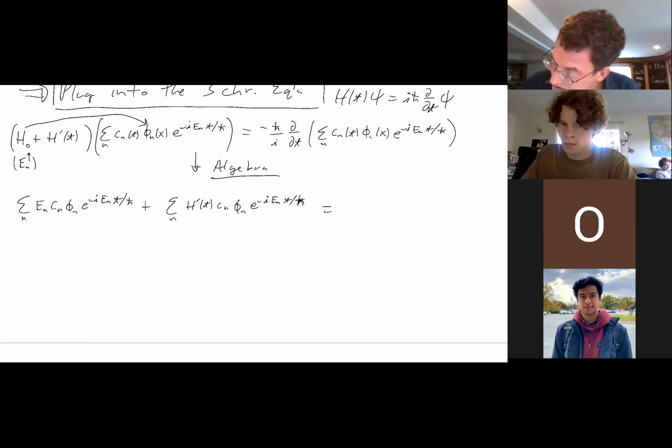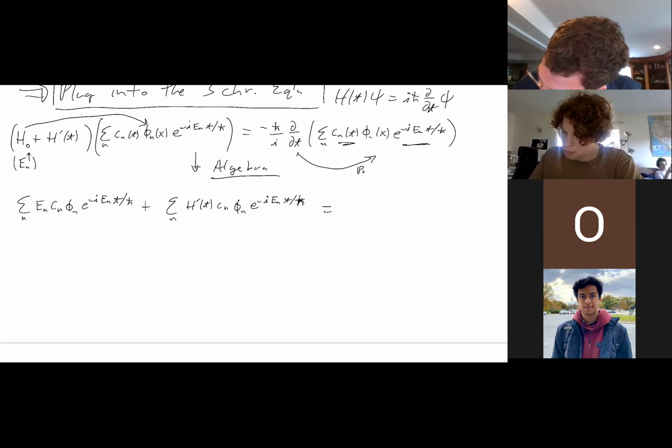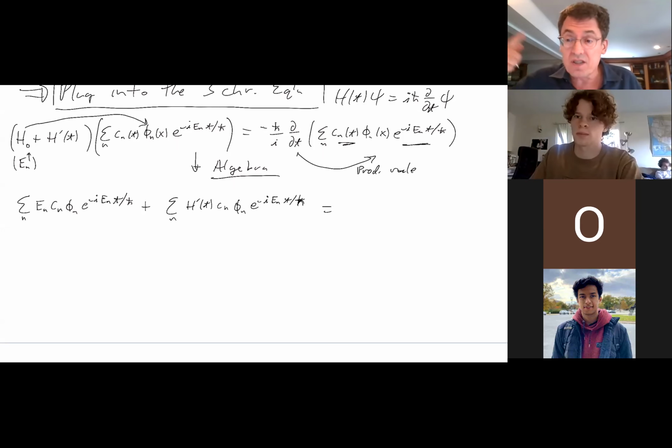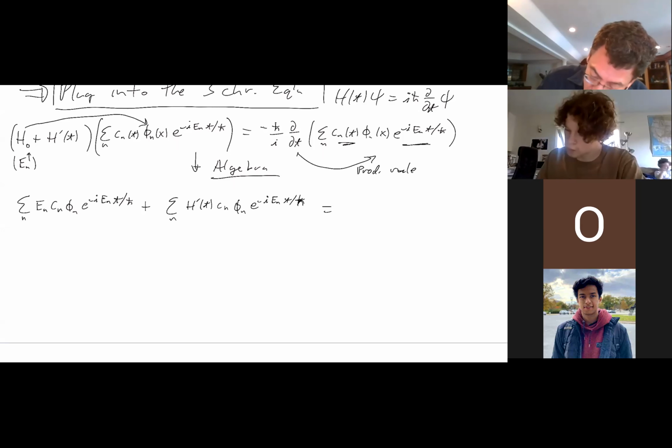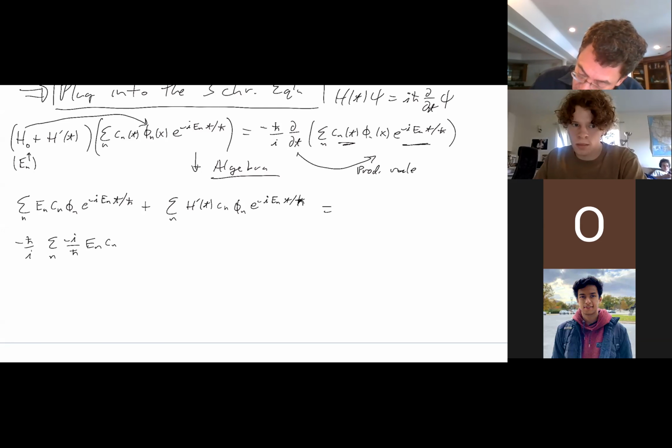Now I got to do the next one. This is going to hit it, but now I have to use product rule, because it's a derivative of a product of two functions. It's not hard, it's just tedious. So product rule: negative h bar over i, sum over n, negative i over h bar, E n, c n, phi n, e to negative i E n t over h bar.